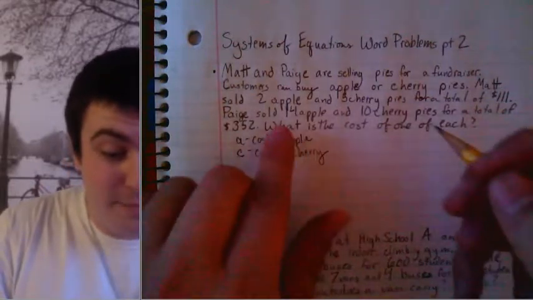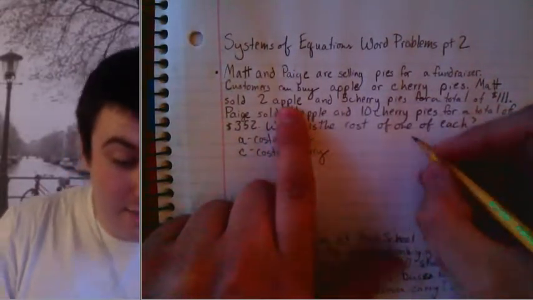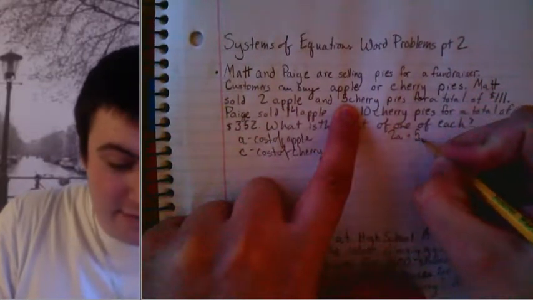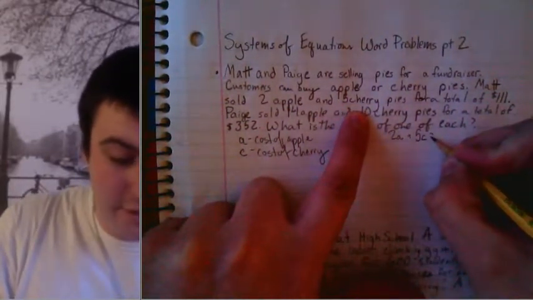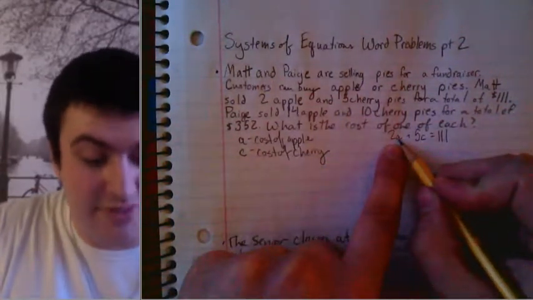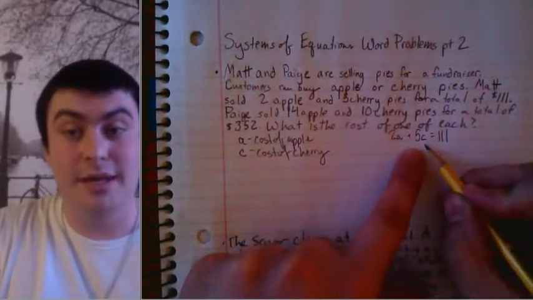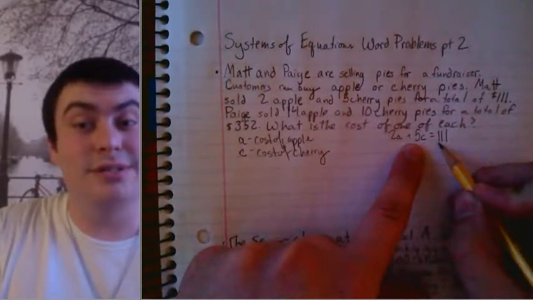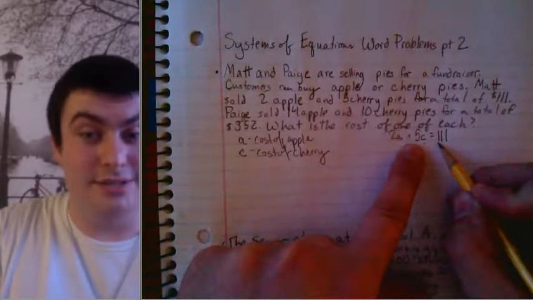If we think about Matt, he sold 2 apple pies and 5 cherry pies for a total of $111. The cost of an apple pie times 2 plus the cost of a cherry pie times 5 totals the amount of money that Matt earned, so $111.